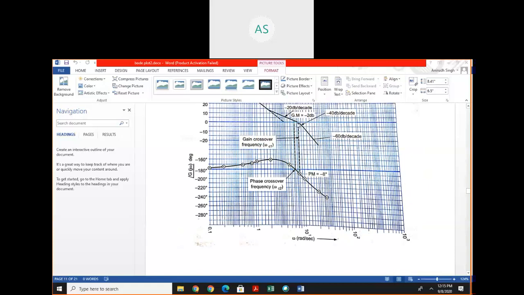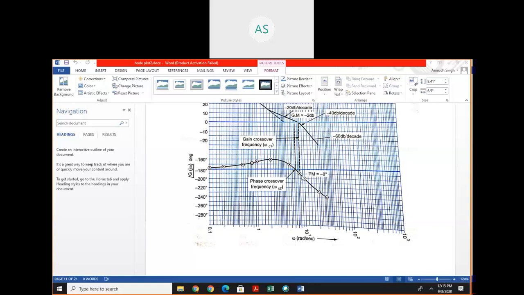Then this magnitude plot crosses 0 dB at this point. So this is the gain crossover frequency, and this phase plot crosses minus 180 degrees at this point, and this is the phase crossover frequency.